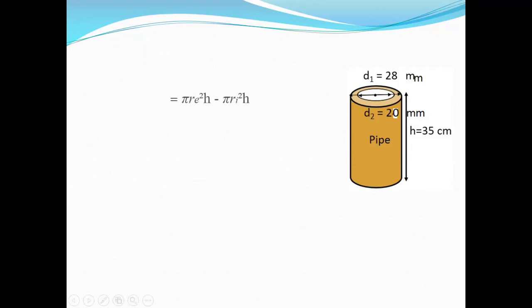So pi r square h minus pi r square h. But you have to put the value of the external radius in the first one and the value of the internal radius in the second one.